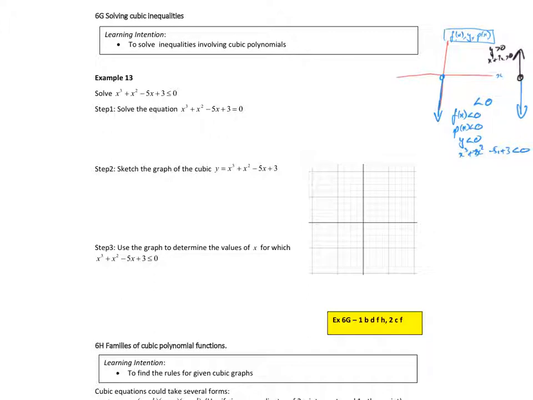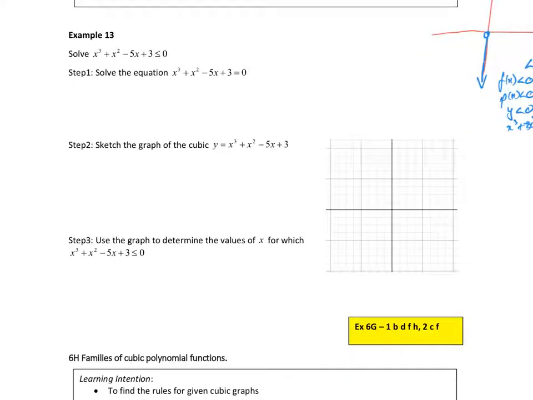So the process, we have to sketch the graph first. How do we sketch a cubic graph, or a quadratic for that case? We factorize and solve equal to 0. That gives me my x-intercepts. To factorize, first things first, we need to find a number that substitutes in to give me 0.